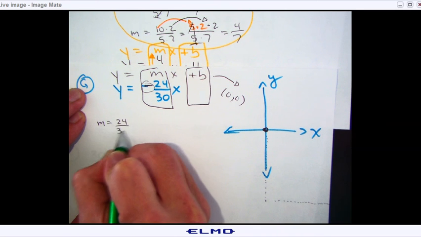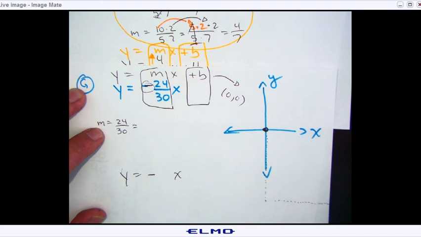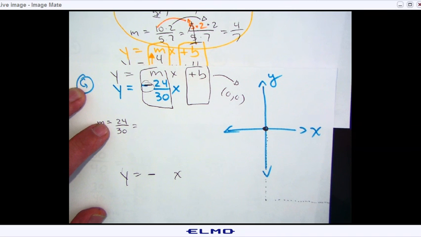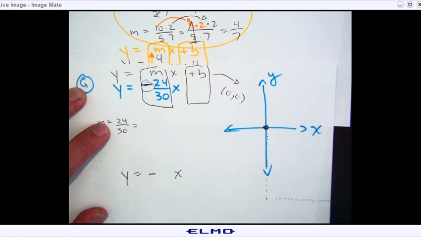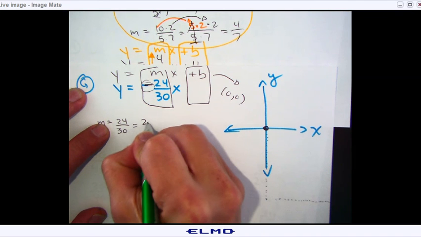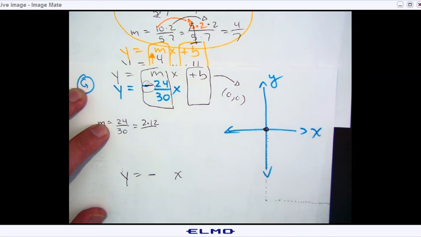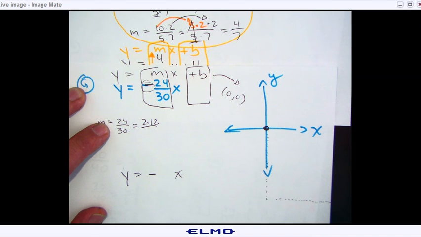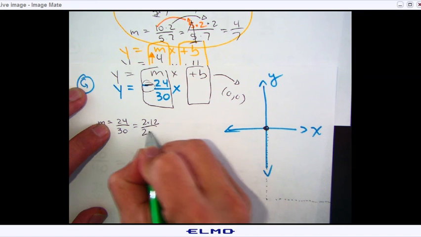24 over 30. So what do we do? I know, mister. 24 is 2 times 12. All right, 2 times 12. And 30 is 2 times 15. All right, 2 times 15.